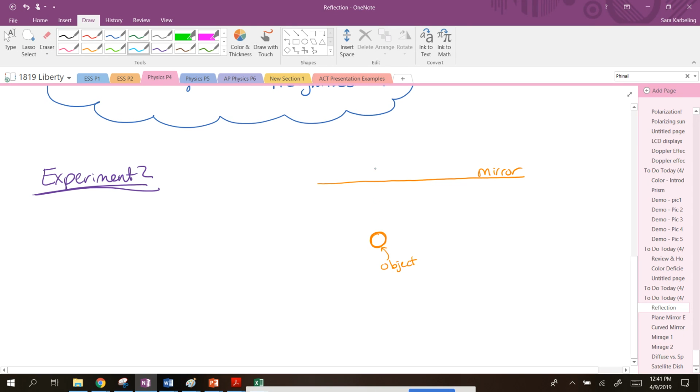Remember, it's going to be the same distance back, so it's going to be back here. And so you lined up your protractor like that. You with me there? You lined your protractor up so that it was lined up with this part of the image. The blue one back here is the image.